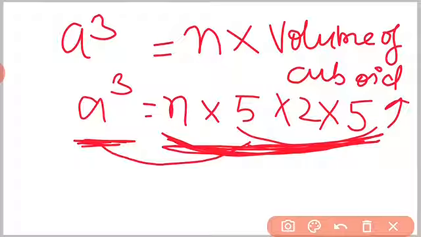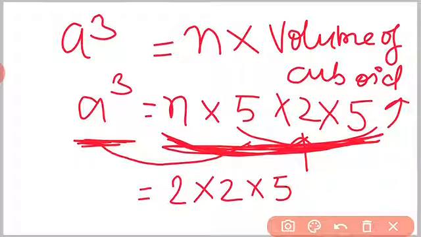To make it a cube number, we should make it a triplet form. So in order to make 2 a triplet, how many 2's we should multiply? We should multiply 2 2's. And how many 5 we want to make it a triplet? We want only 1 5.